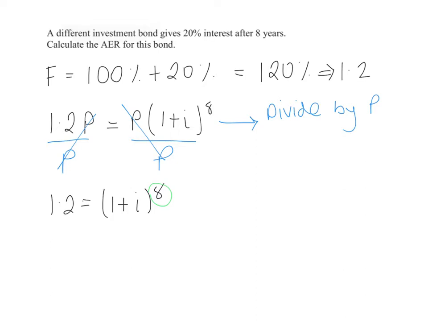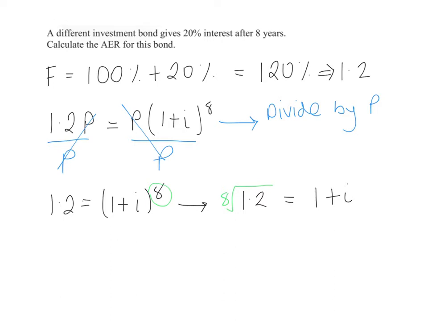Okay, so what I'm going to do is, I'm just going to do it over here. To get rid of the 8, I'm getting the 8th root of 1.2. Okay, and you're going to put that in a calculator, and that's going to be equal to 1 plus I. Now when you put that into a calculator, you're going to come out with a really long figure, but keep that there for a minute.